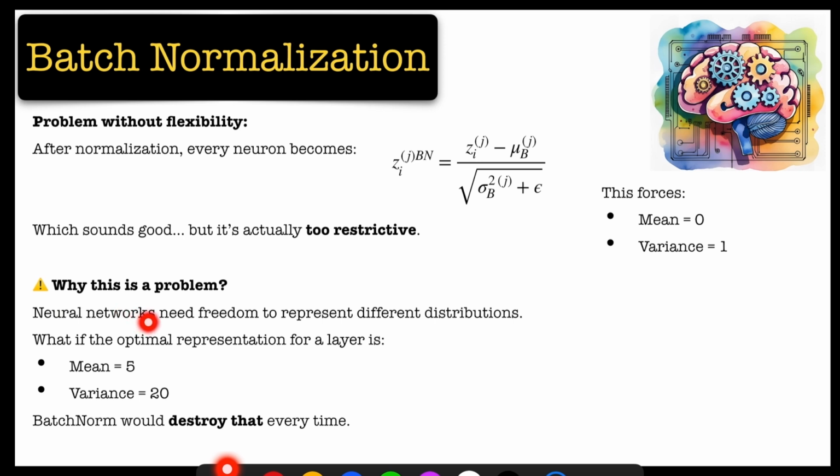So the neural network needs freedom to represent different distributions. If we just use mean 0, variance 1, or standard deviation 1, it would destroy this freedom of the neural network to learn the data better, right? So what if we have different mean and different variance?